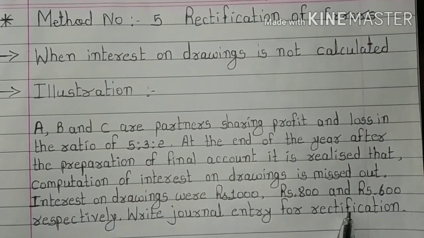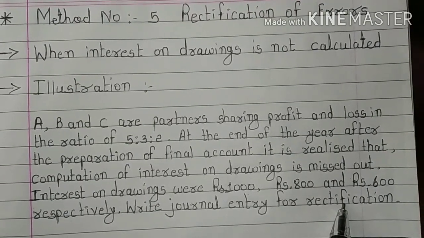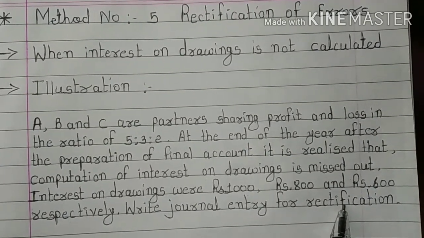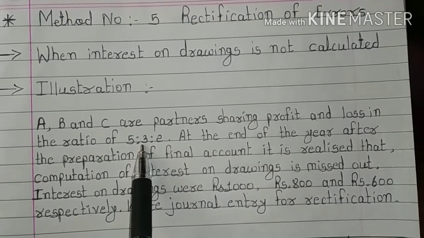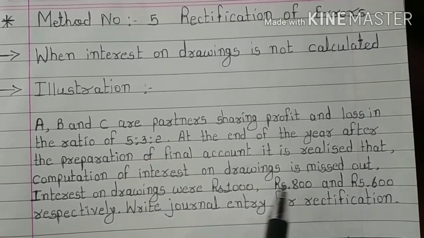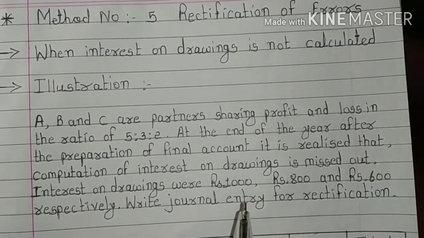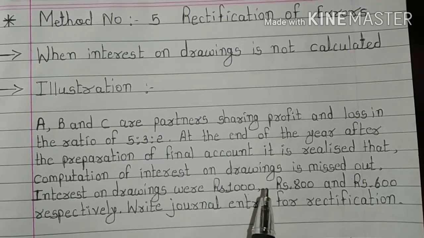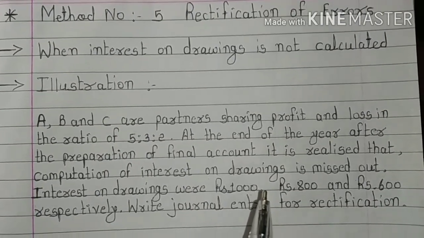Okay, students, so here in this illustration, two important things are given. One is profit sharing ratio and second is interest on drawings, which is readily given for all partners. Now we will prepare a table containing 5 columns.